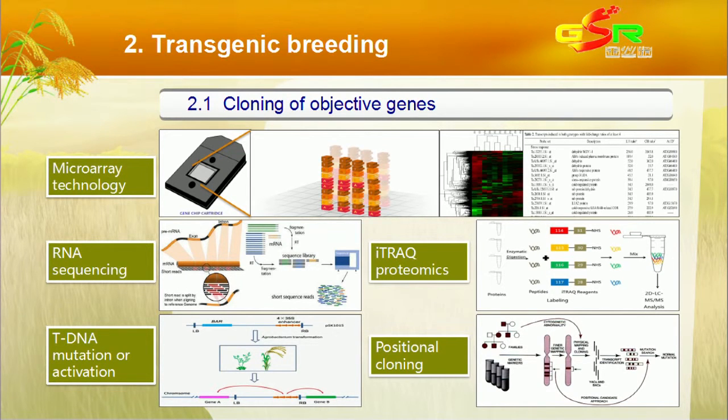And also, RNA sequencing and ribosome profiling techniques can be used in identifying target genes at the transcription and translation levels respectively. Certainly, T-DNA insertion and positional cloning techniques can also be used to identify objective genes. However, these two methods are time-consuming.